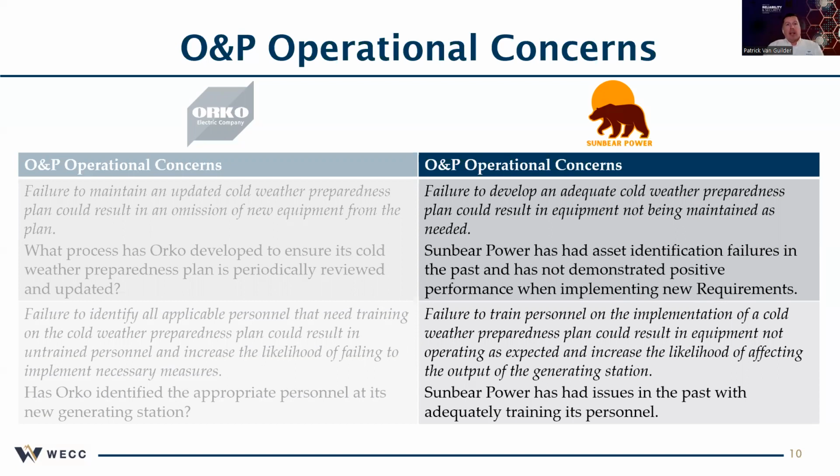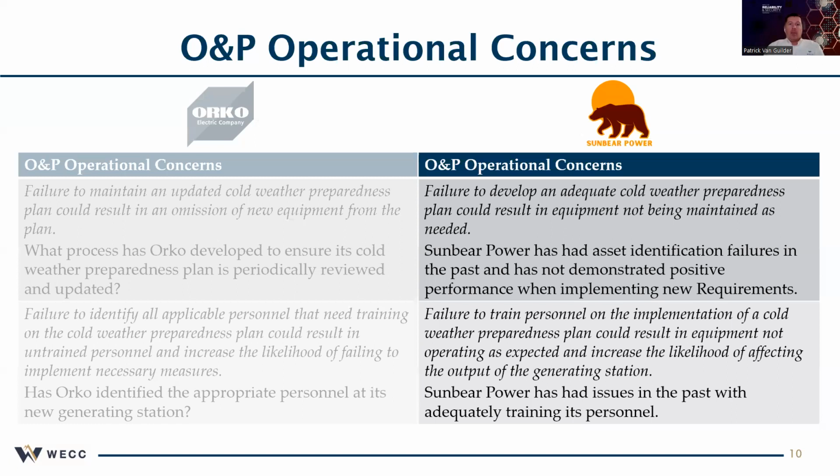Since Sunbear has had asset identification failures in the past and has not demonstrated positive performance when implementing new requirements, even though they're in a warm weather environment, warm weather environments still see occasional cold weather, and that's when it would be more important for those warm weather entities to implement their cold weather procedures. Those that are always in cold weather may have a better chance of understanding how it is to operate in cold weather all the time.